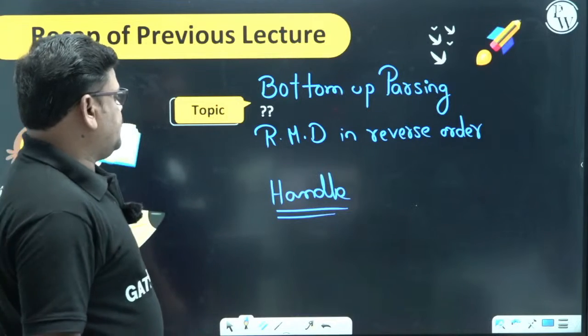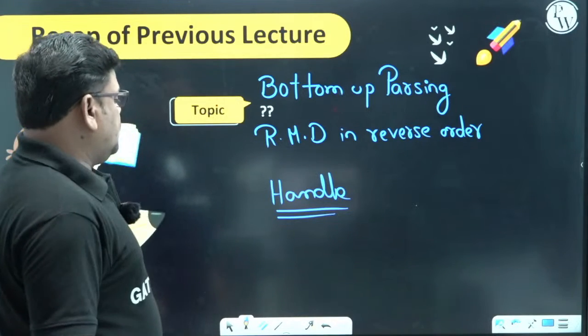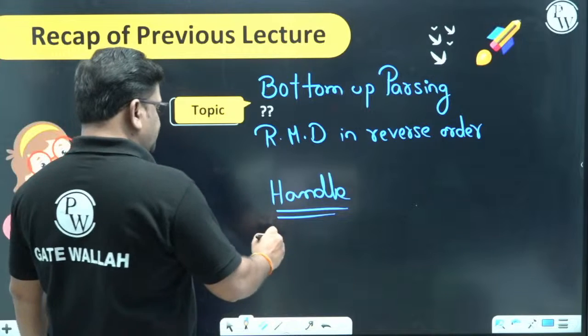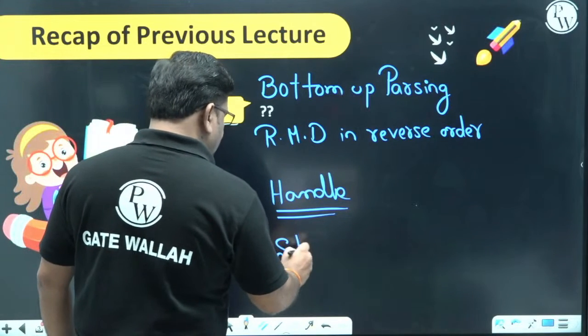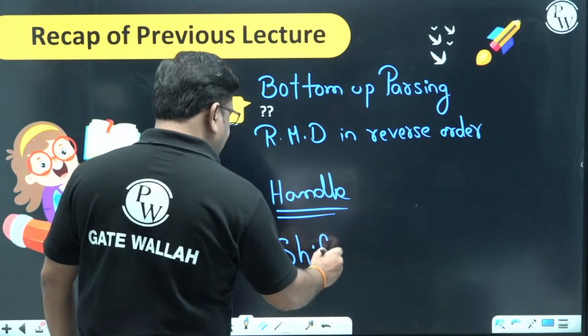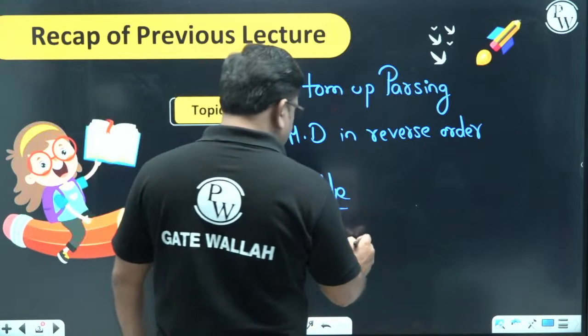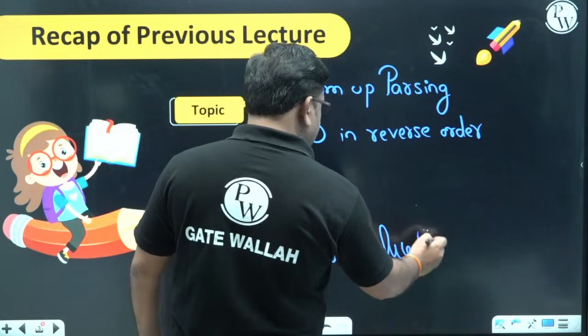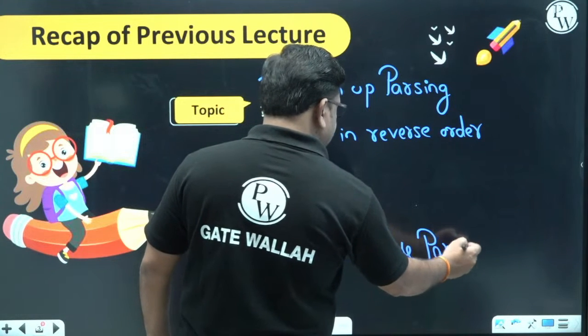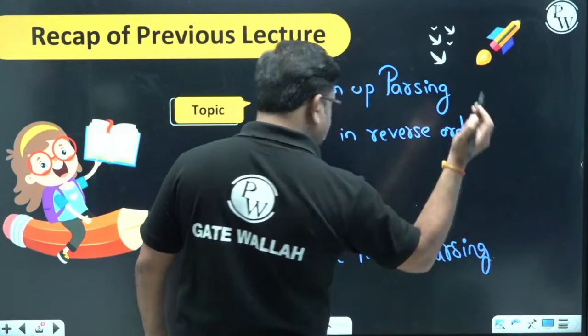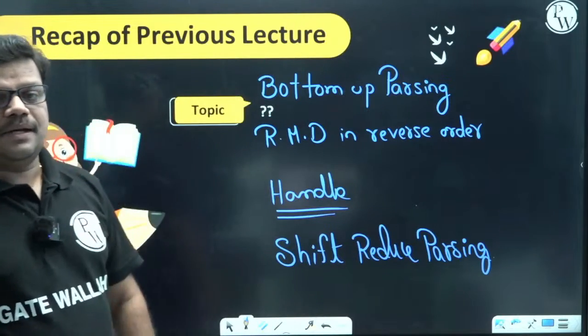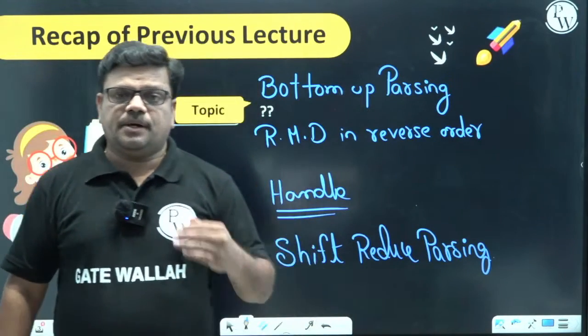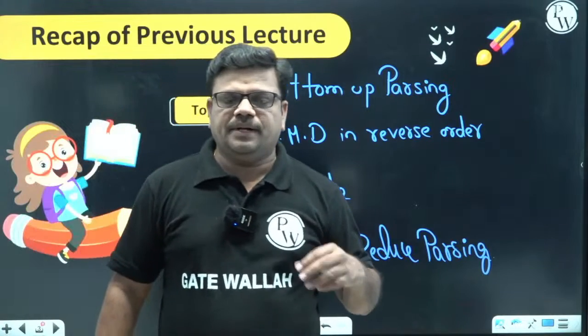Okay, right. And then we discussed about shift reduce parsing. So if you want to perform bottom up parsing in a systematic way by using a program, that program is called shift reduce parsing. Shift reduce parsing is performing bottom up parsing in a systematic way by using program.